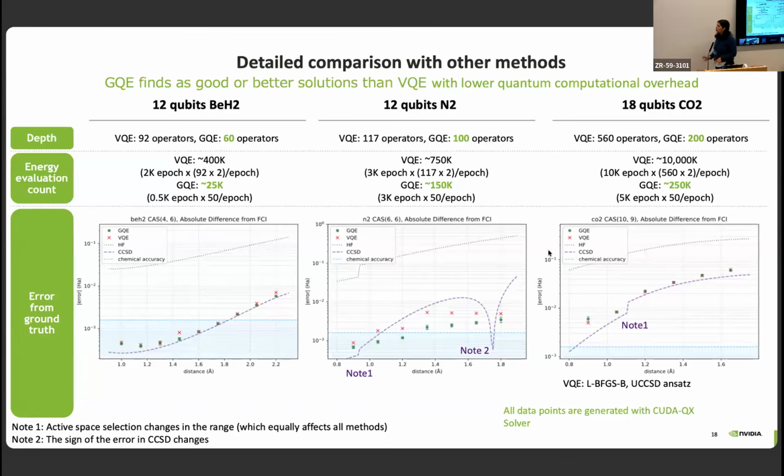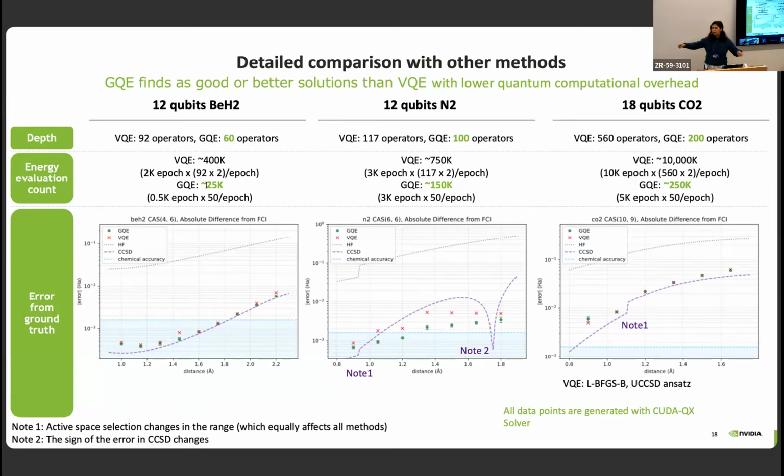So this is a little bit more computationally oriented. You can compare the computational cost associated with different methods, particularly VQE and GQE. Mainly this is the number that you should be paying attention to, and this roughly corresponds to how many operators are being used, for all the iterations or epochs combined.